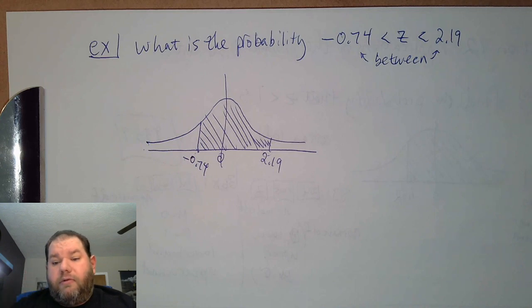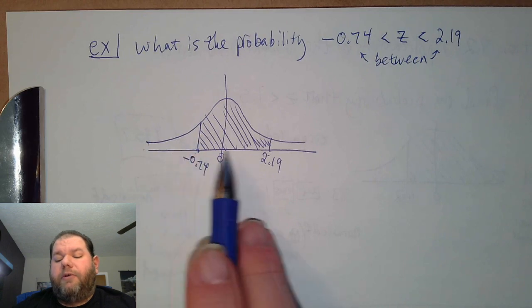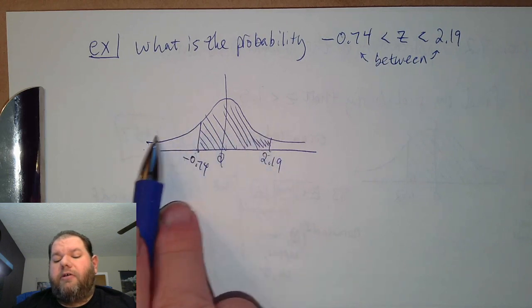Because unfortunately the textbook only tells us the area to the left of each number, so we know what the size of this area is here, and we know that the size of this area is here.